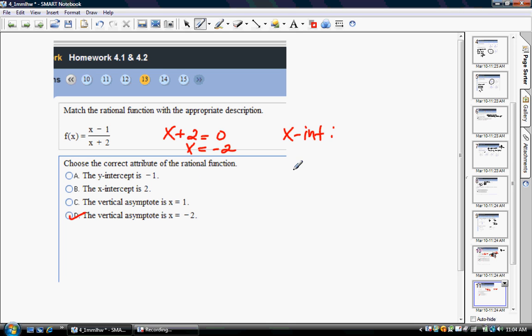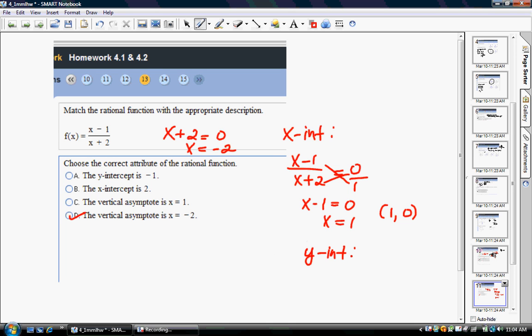To find the x-intercept, remember we let y equal 0. So we would have x minus 1 over x plus 2 is equal to 0. Well, when we cross multiply, that really gives us that x minus 1 is equal to 0. And so x is equal to 1. So the x-intercept here is 1, 0.